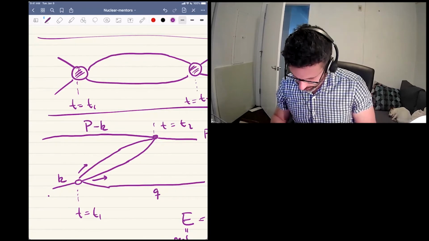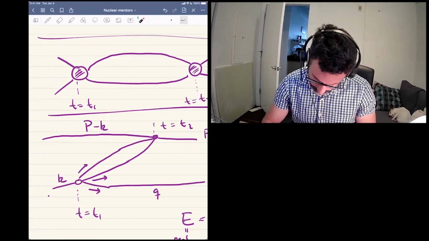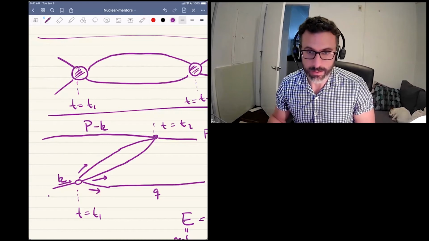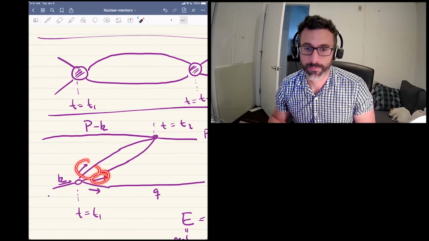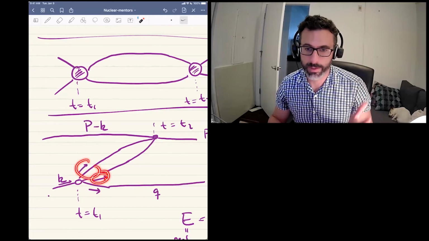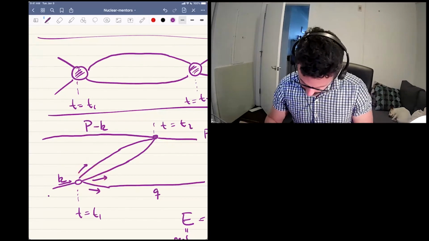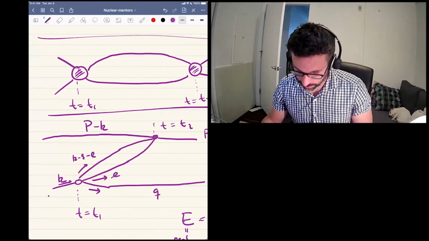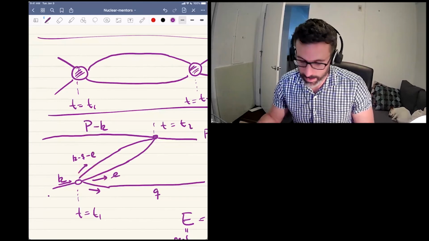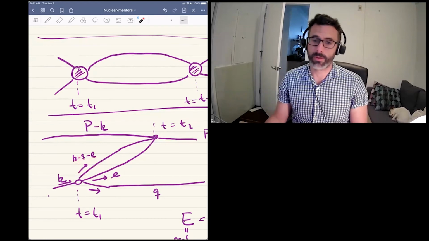And so if Q is going this way, K is going this way, the sum of this guy and this guy has to be P minus Q. I don't know, or K minus Q. I don't know the individual ones, but I know that the sum of them has to be K minus Q. So I'm going to call this one L, and this is going to be L. I don't know what L is, but I know that the sum of these guys has to be K minus P, or K minus Q, sorry.